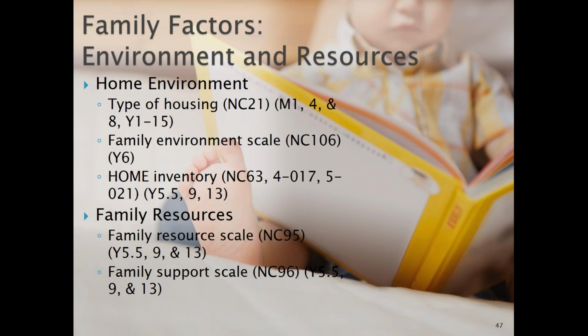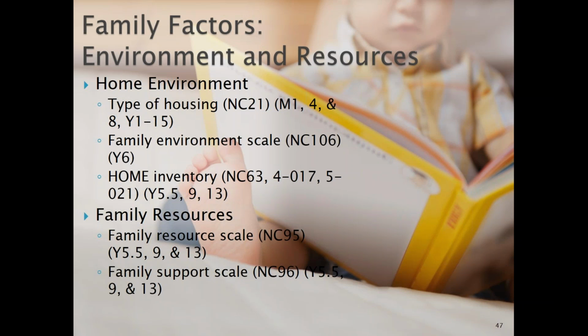And then one I thought was particularly interesting is the home inventory, which is at 5.5 years, 9, and 13. It differs for each of those time points, depending on the child's age: more of an early elementary, middle, and then later, or adolescent version. It has to do with what the home environment is like.